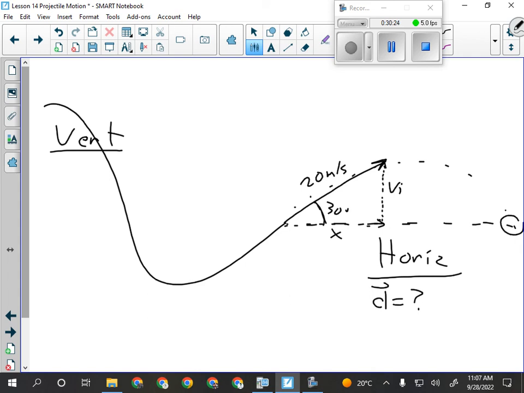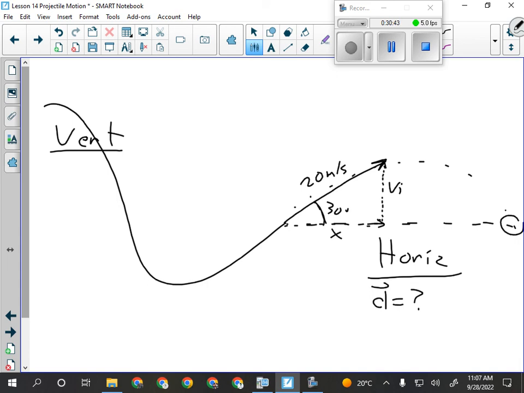The only thing I know is that coming off the ramp, I'm moving at 20 meters per second, 30 degrees above the horizontal. Does that have a vertical and horizontal component? Can I find them? Yes.